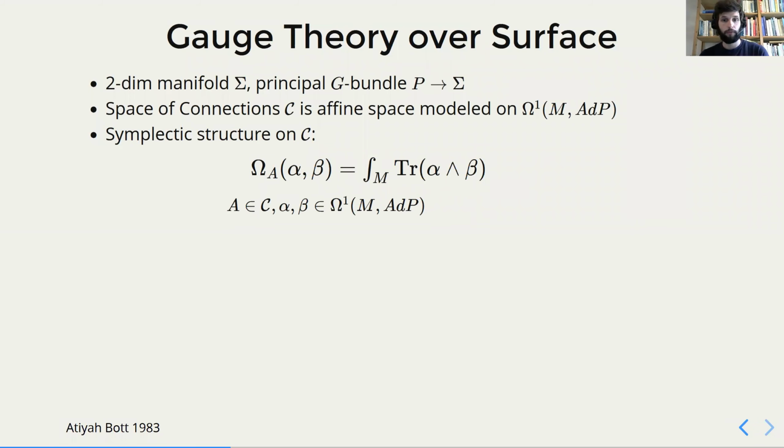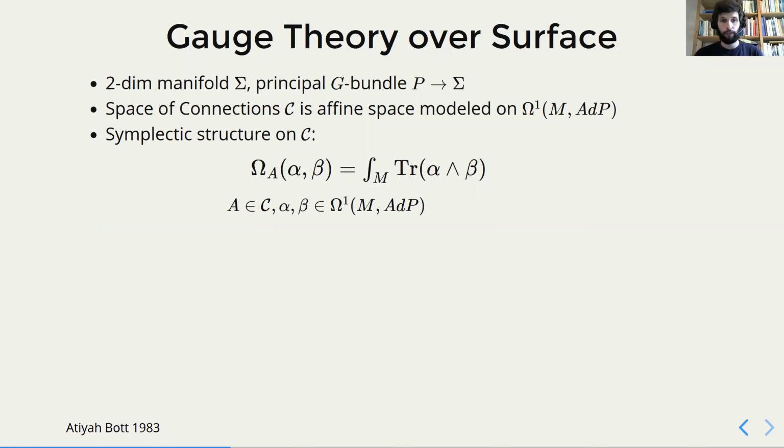So we have two one forms with values in the adjoint bundle, and we take the wedge product to get a two form, and then we take the trace to get a two form with values in the real numbers. Then we can integrate this over our two-dimensional surface. And this M here should actually be a sigma. I'm sorry for this. Everywhere we see an M on the slide, that's actually supposed to be this two-dimensional surface.